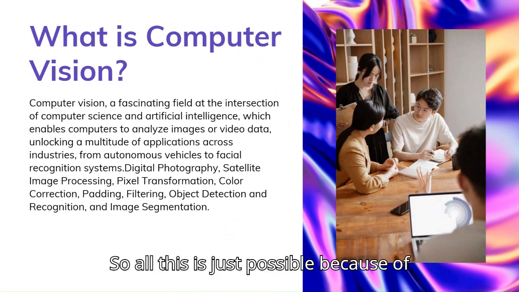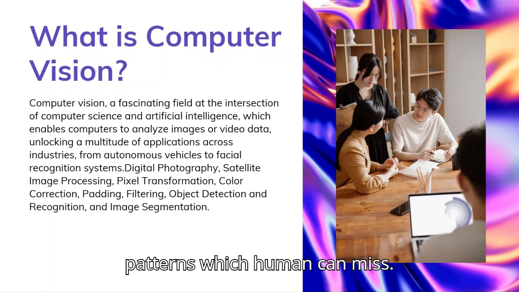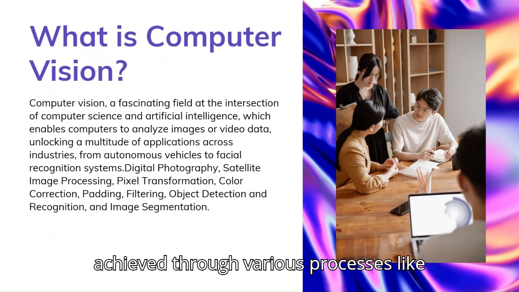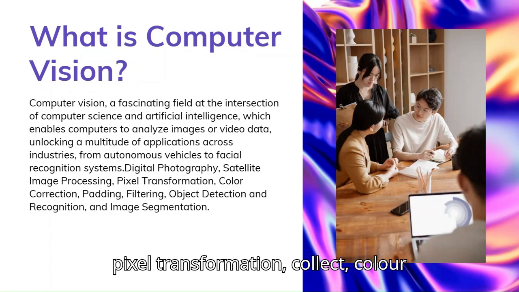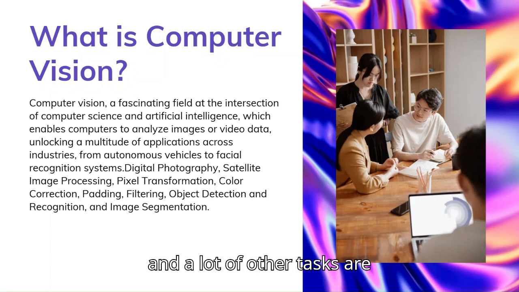All this is just possible because of artificial intelligence being able to understand our images on the basis of the features, the patterns which humans can miss. So this is the whole idea of computer vision, and this is achieved through various processes like pixel transformation, color correction, segmentation of the image, and a lot of other tasks are involved.